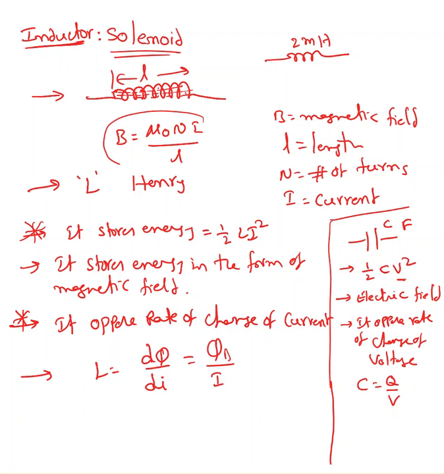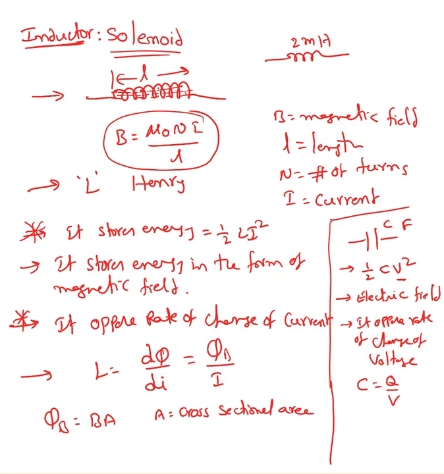Now I know what the magnetic field inside that inductor is. Can I find phi B? phi B is B A, where A is the cross-sectional area of the inductor.